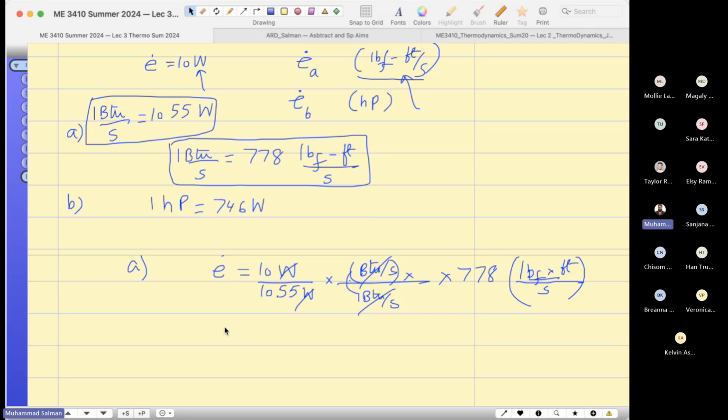If I multiply 10 and 778 and divide by 1055, I get 7.37. Do you guys get the same number? This is the answer in foot pound per second.